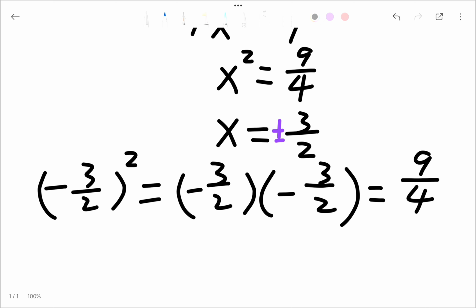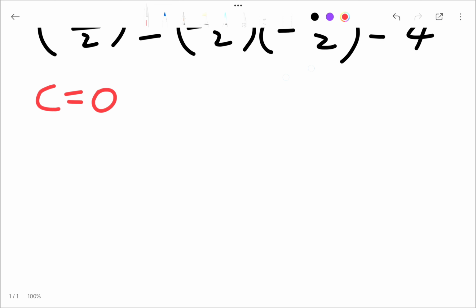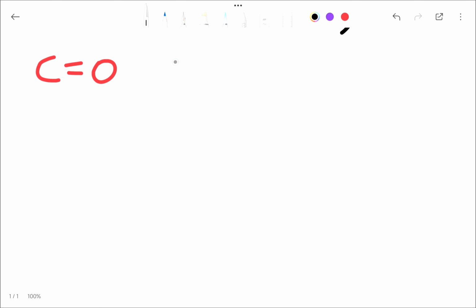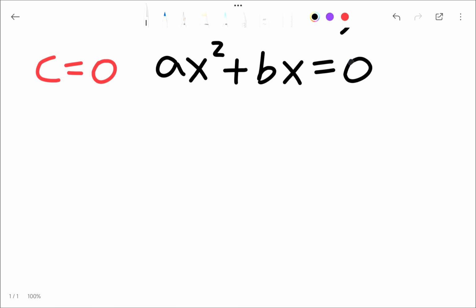Okay, let's have a look at another type of quadratic equation when c equals 0. Again, let's use an example.